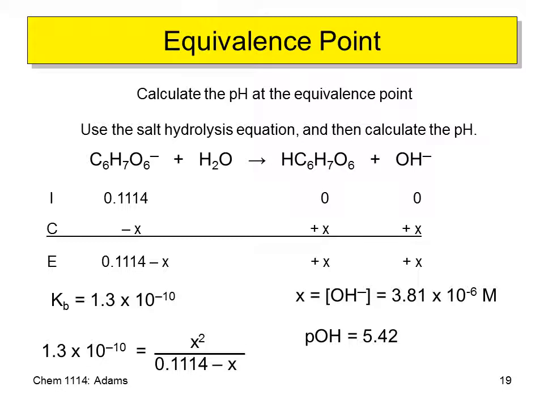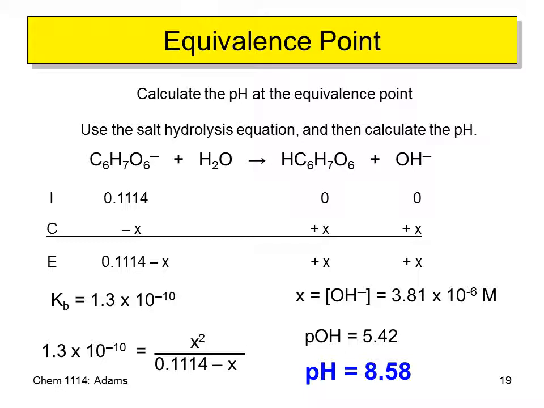I'm going to realize that x is my hydroxide ion concentration. And so when I take the negative log of the hydroxide ion concentration, I get a pOH. And by difference from 14, my pH is 8.58. This is exactly where we would expect it.